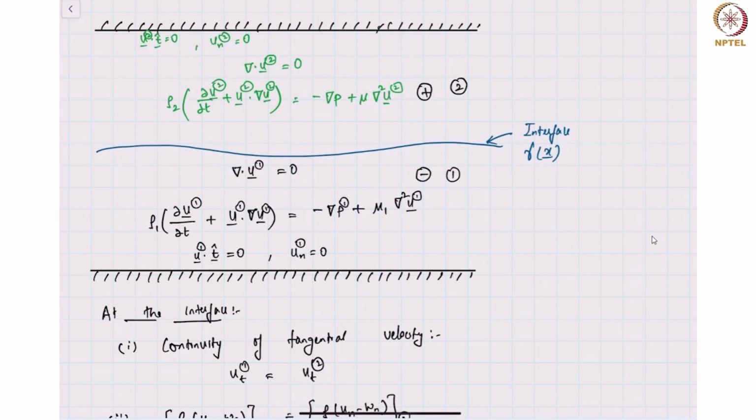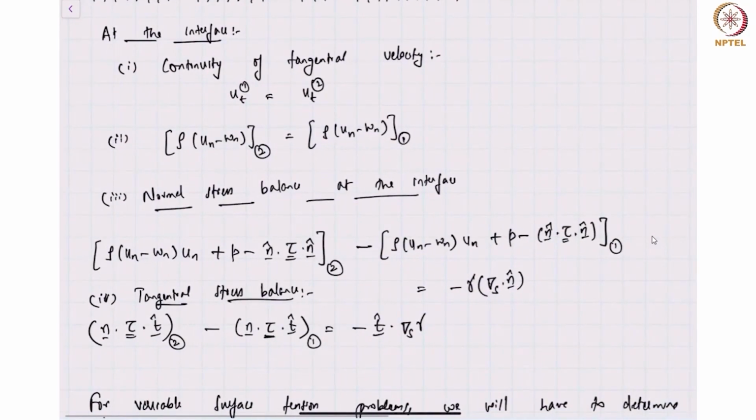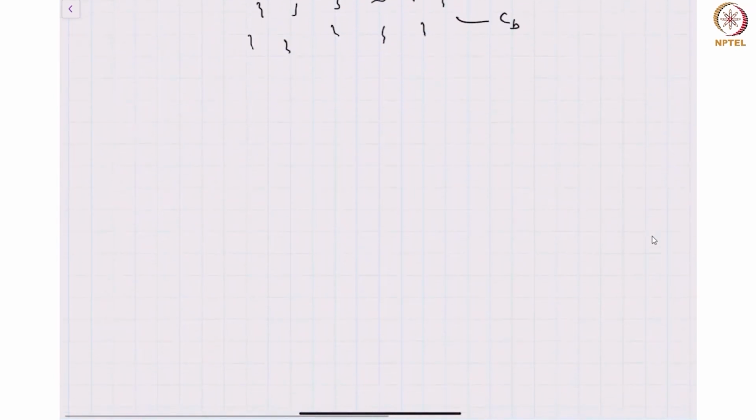Now, one small thing that I want to touch upon is that if you look at the interface, we have normal vectors. For example, we have terms like n dot tau dot n, and in the tangential stress balance we have n dot tau dot t. Now, what is this n, and what is this t? How do I determine n and t? So I'll give you a simple example of how we determine n.